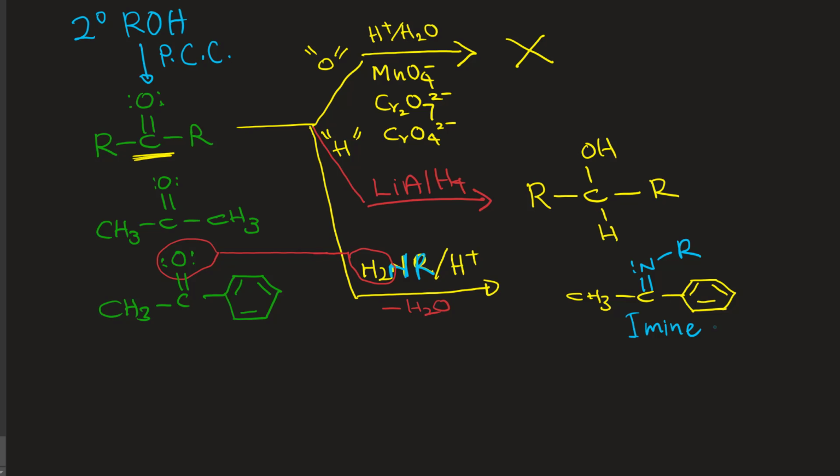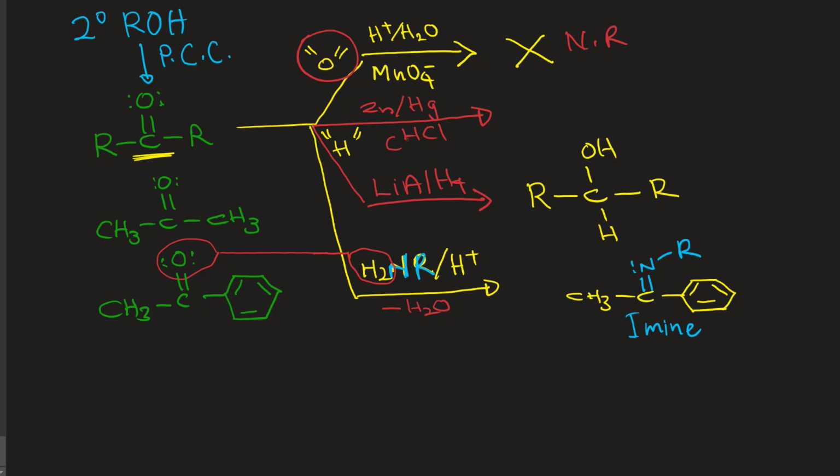So imine formation can be done under acidic conditions with an amine. That amine will become an imine because of the double bond O, right? Okay, so we figured out no oxidation, but the reduction happens.